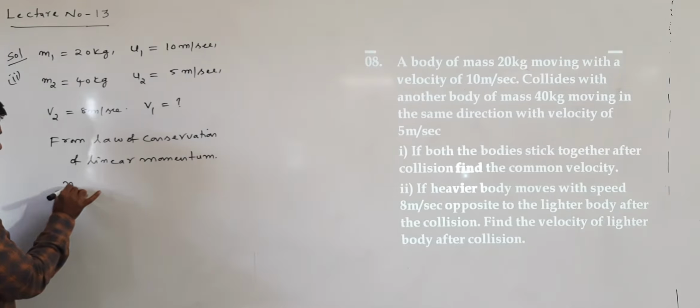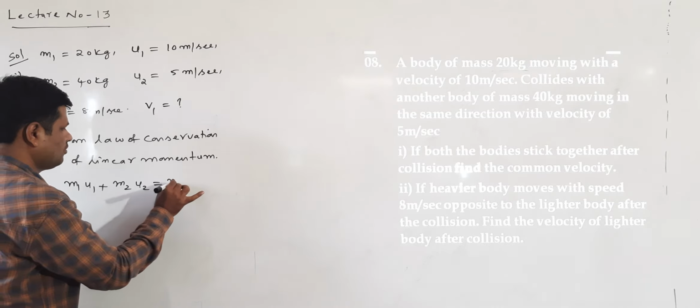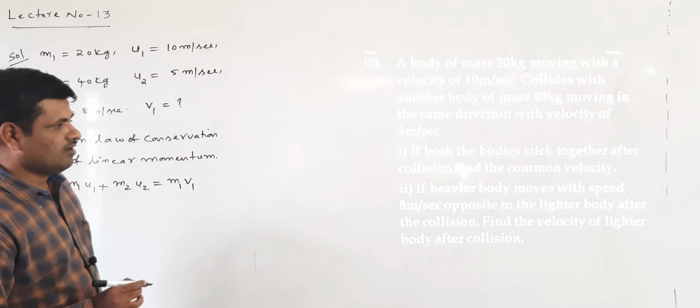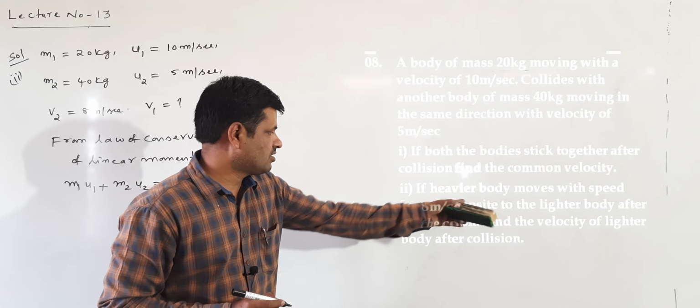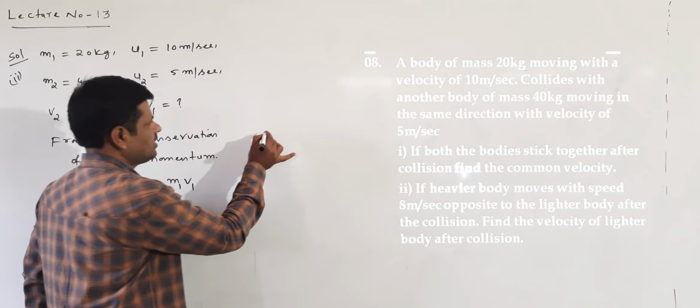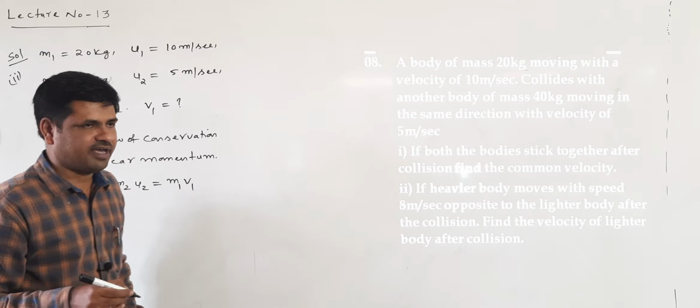What are we getting here? m1 u1 plus m2 u2 is equal to m1 v1 plus m2 into minus v2, since the heavier body moves with speed 8 meter per second opposite to the lighter body. Listen here, this is after the collision. Before collision they are moving in the same direction.